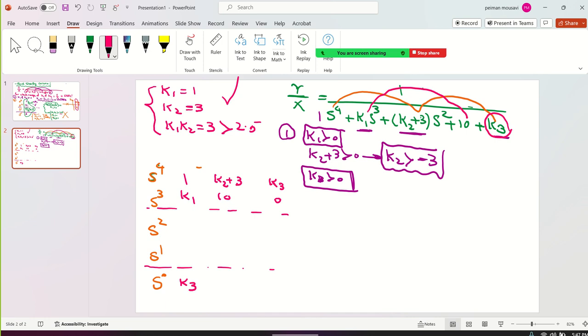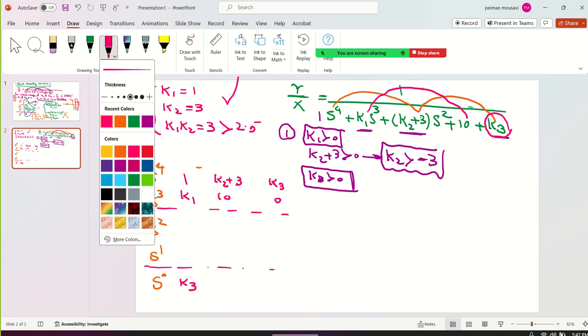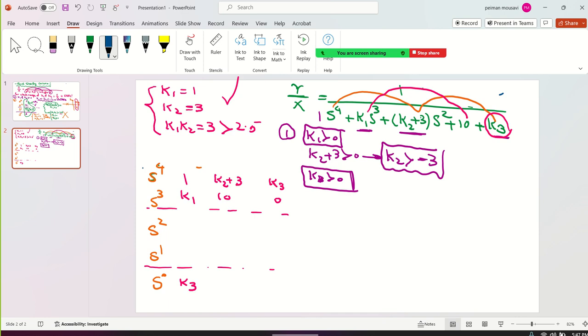There we go. Now you have to make this. Let's make that together. So K1 in K2 plus 3 minus 10 divided by K1.